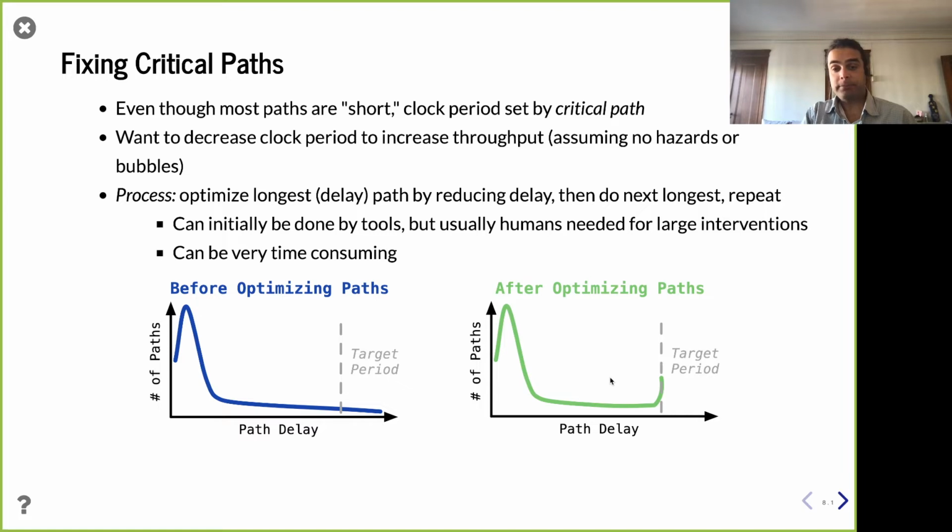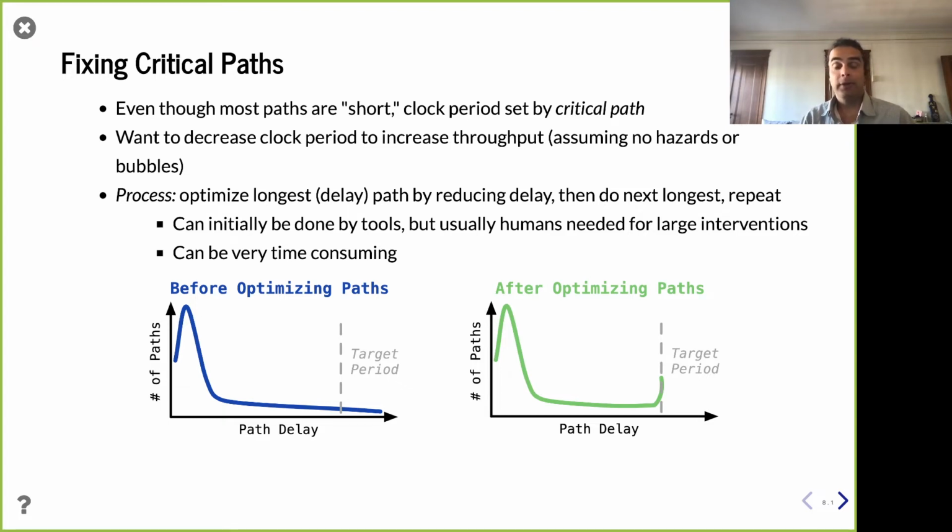And so when it comes to fixing these critical paths, what I mean by fixing, we'll cover in the next slide. But it really depends on what's going on. In some cases, it's not that hard of an intervention. In other cases, it's going to be very time consuming and very hard, right? And if you remember from an architecture class, talking about a CPU when you're pipelining, pipelining is a way to shorten the critical path on a CPU, but it has all these challenges, such as hazards, right?